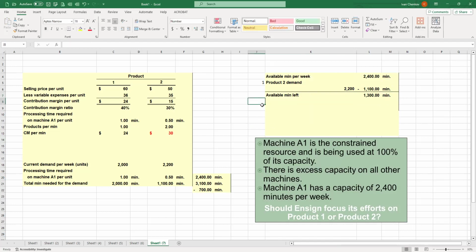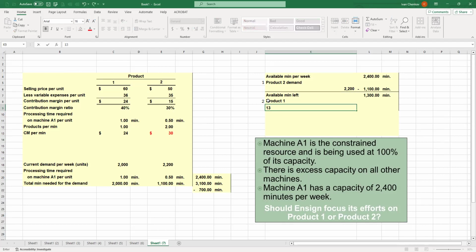Now obviously I have to focus on product one. How many units of product one can I produce with 1,300 left? If it takes me 1 minute to produce one product, that will be 1,300, correct?